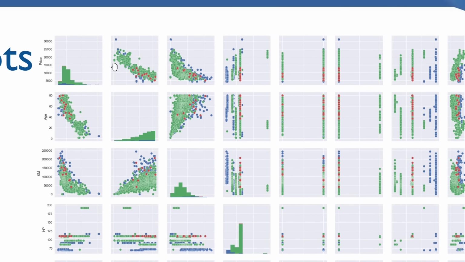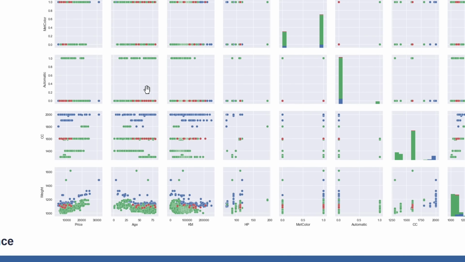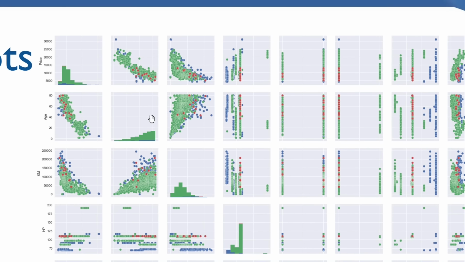When you move from left to right, whatever you have on your x axis is the x axis variable, and whatever you have on your y axis is the y axis variable. So, this is the scatter plot of price against age. It is very evident that as the age increases, the price decreases, and all the colors are representative of various fuel types of the cars.